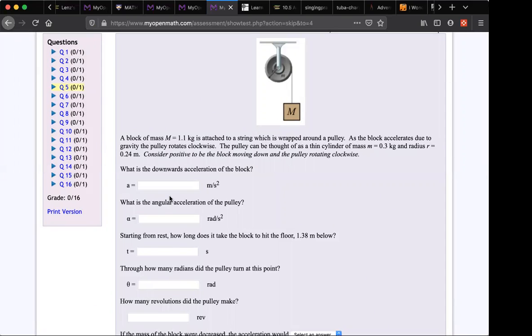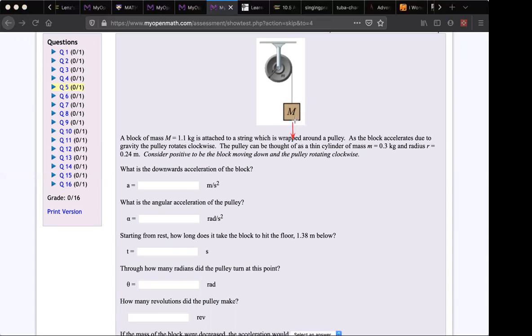So in this problem, we're kind of entering into the real world a little bit. In previous chapters, we would have approached this problem from just straight out forces, where you have the weight of the object pulling down, and then this thing would just accelerate because of the weight. However, the force from gravity pulling down on this mass has to do two things.